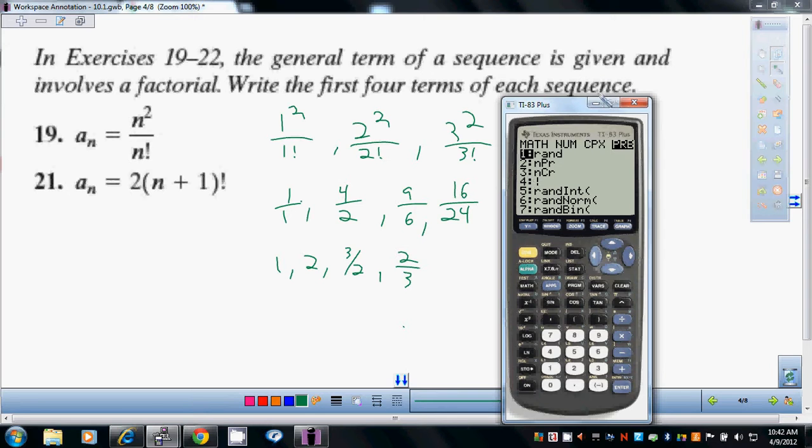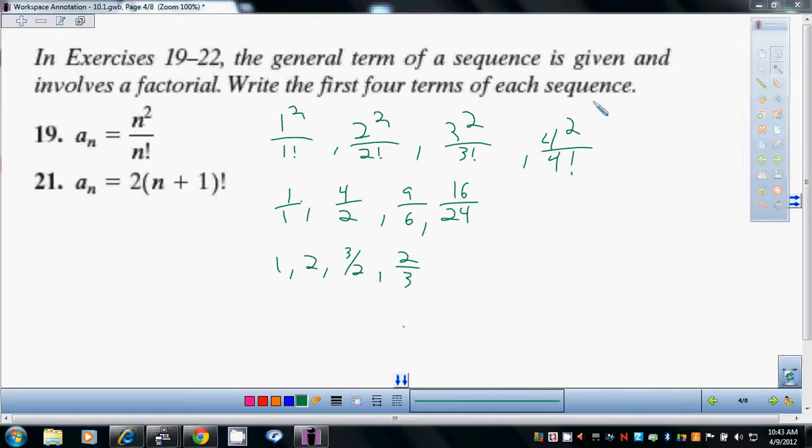So you can use it on your calculator in case you have to plug in big numbers later, and it will definitely save you some time over pushing everything in. For instance, if I asked you what 11 factorial is, rather than punch in 11 times 10 times 9 times 8 times 7 all the way down, just punch it in. 11 factorial.